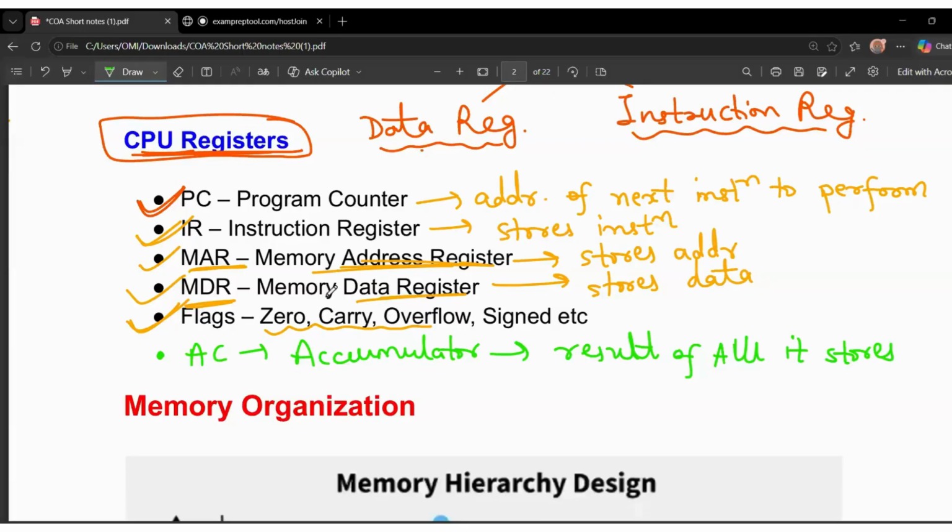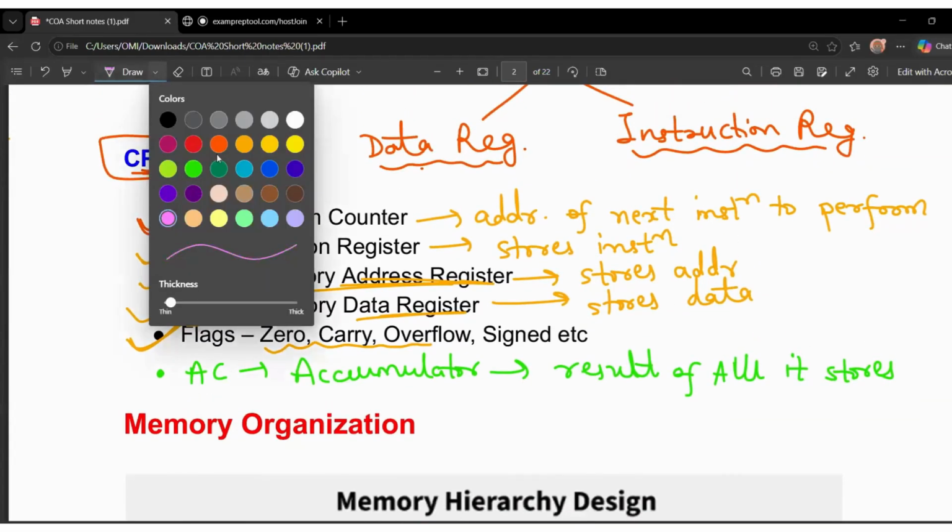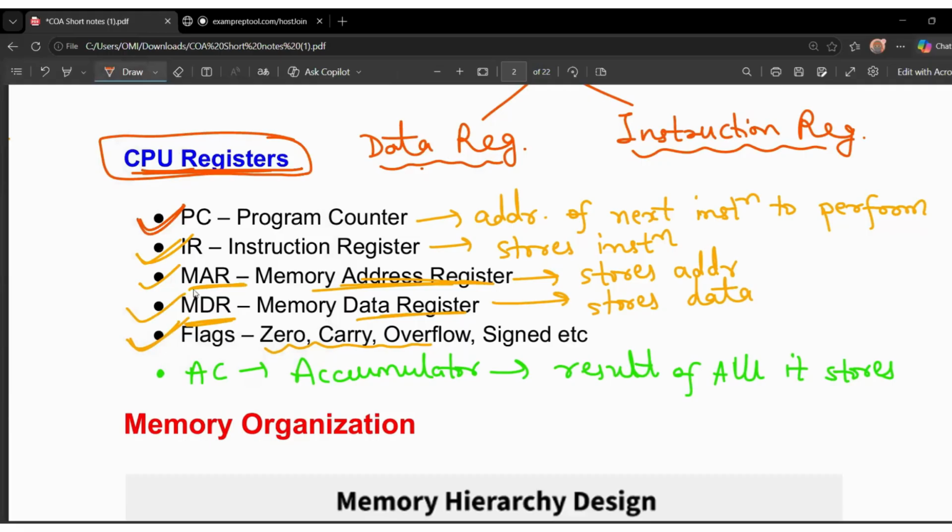Now we have seen one important thing: the ALU doesn't care about the type of data.